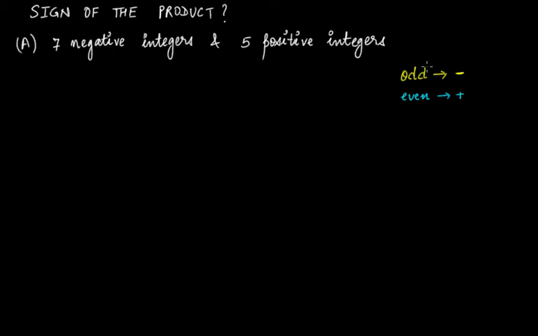But in case your product or multiplication is negative, then you have to write this minus sign. So in this case, you have 7 negative integers and 7 is an odd number. Since your product involves 7 negative integers and 7 is an odd number, the sign of the product will be minus.